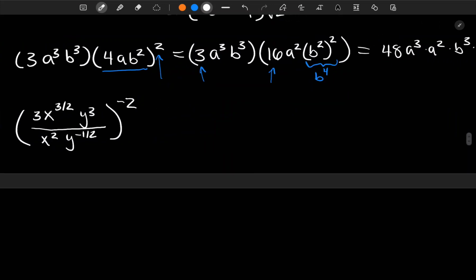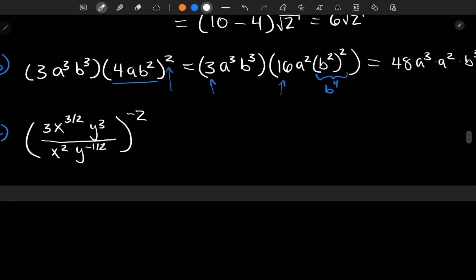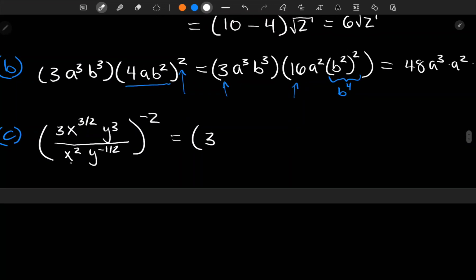So, firstly, we can cancel some of these powers because we have a numerator and a denominator. So, this is equal to 3. Well, anything in the denominator can be put into the numerator as long as we make the exponent a negative. Or if it's a negative, make it a positive.